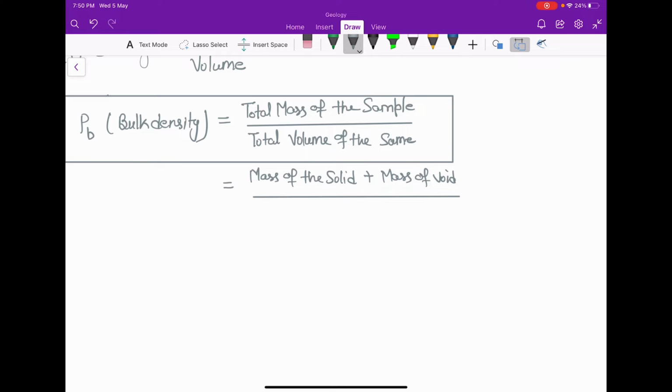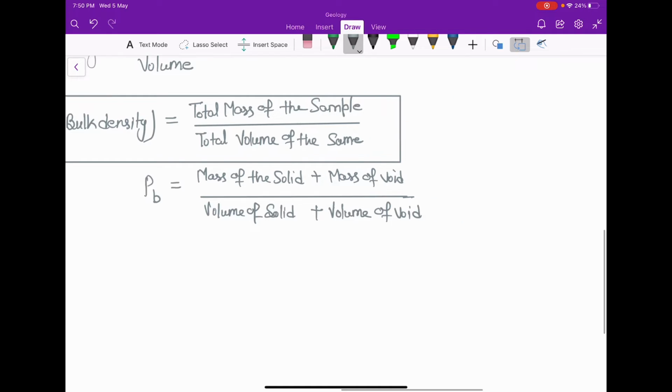Similarly, total volume will be the volume of solid, that is mineral, plus volume of void. This is bulk density rho b.